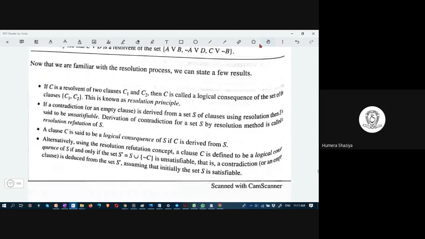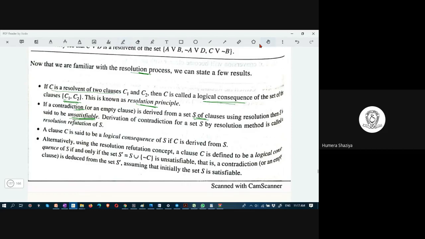Now that we are familiar with the resolution process, we can state a few results. If C is a resolvent of two clauses C1 and C2, then C is a logical consequence of the set of clauses C1 and C2. This is known as the resolution principle because it has been derived from those clauses and it follows as a logical consequence. If a contradiction or an empty clause is derived from a set S of clauses using resolution, then S is said to be unsatisfiable.